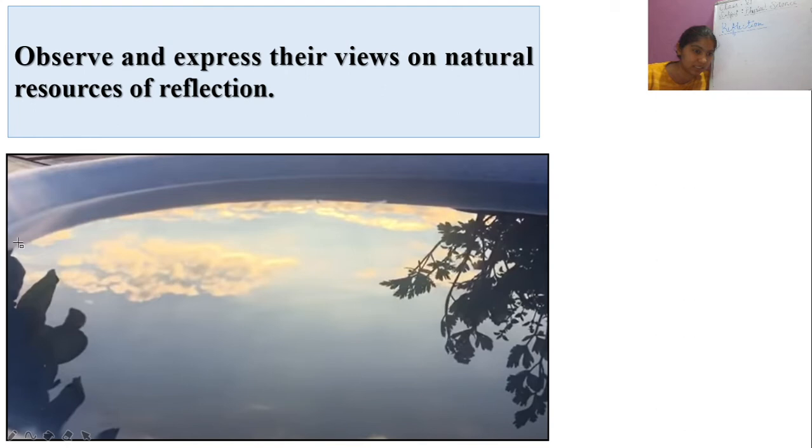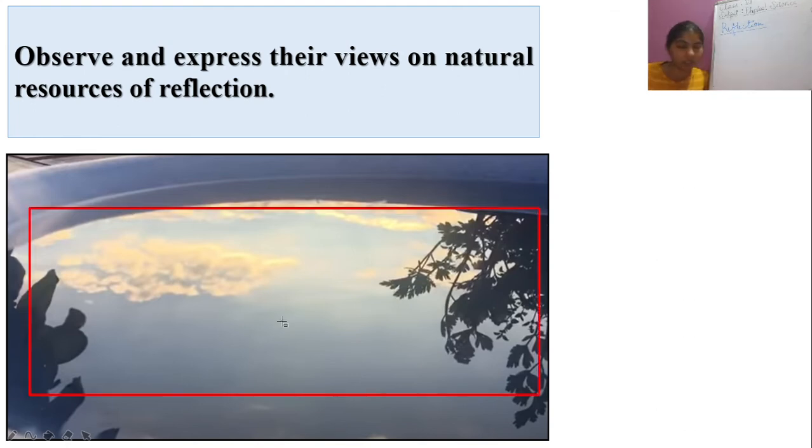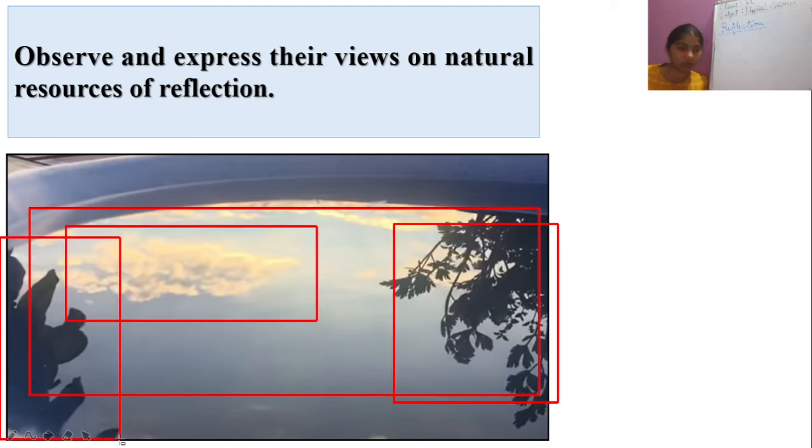Here the water acts as a mirror to us, where we can see the clouds as well as the trees reflected in the water. So water also acts as a natural resource which acts as a mirror. Water also reflects the light and follows the phenomenon of reflection.